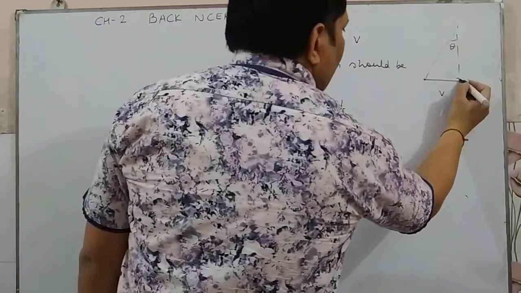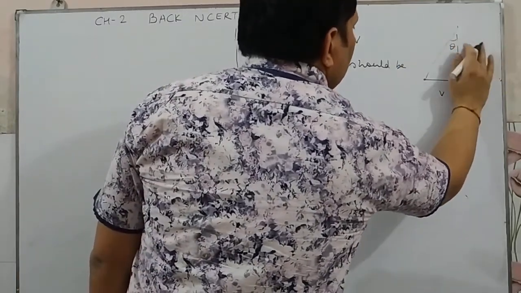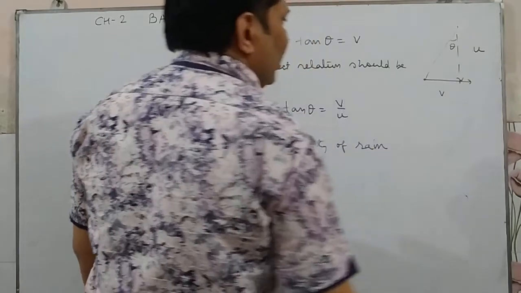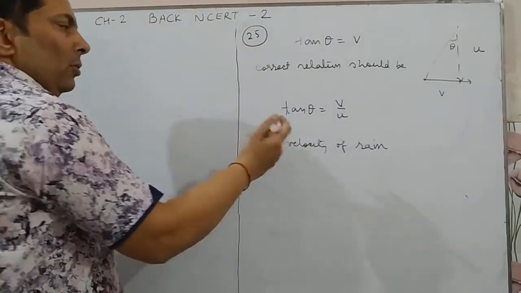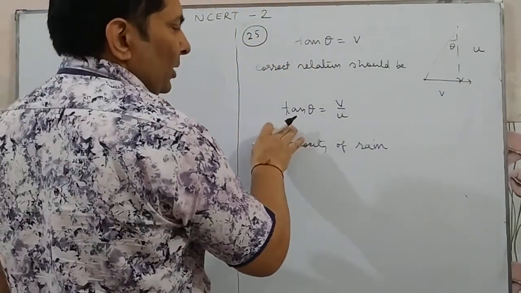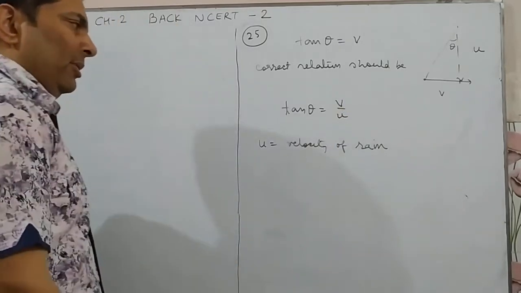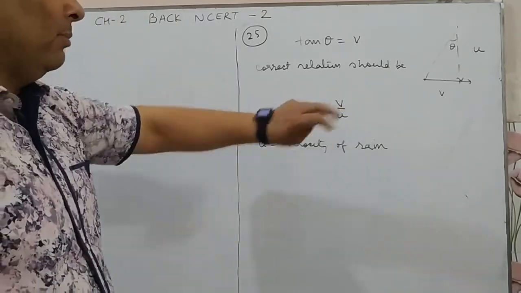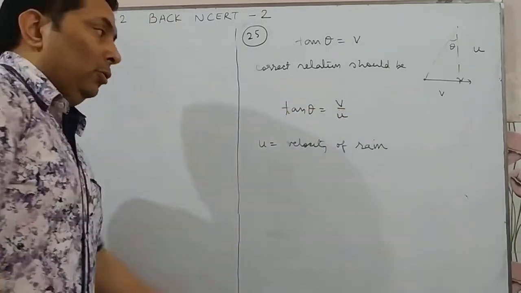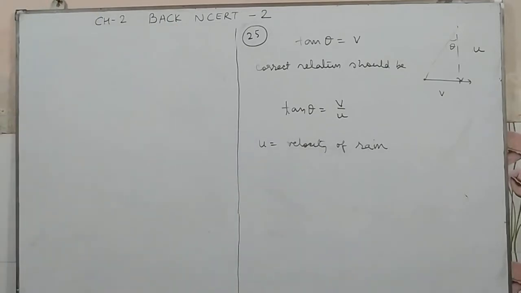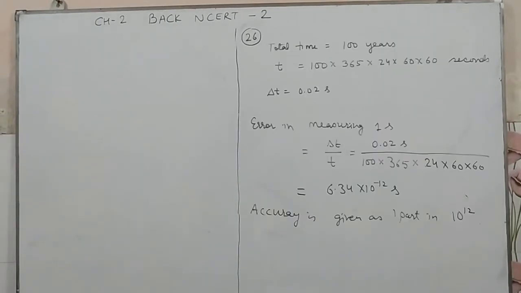This is the velocity of rain here. This is u. The velocity by its name is falling. Now you can see the left hand side is dimensionless, the right hand side is also dimensionless, because it is a ratio of two quantities of the same type. Okay. This is the correct result here.